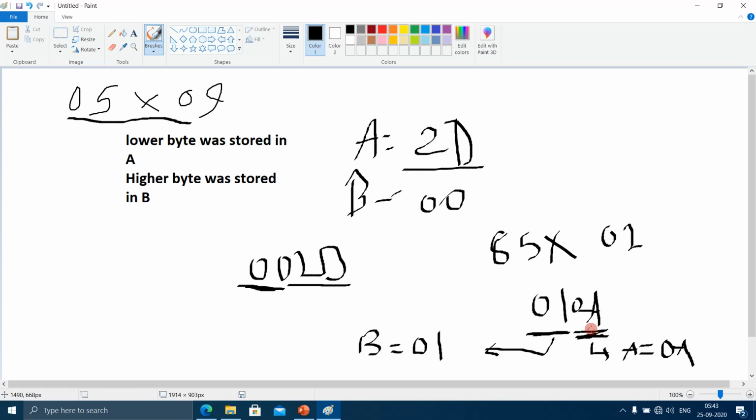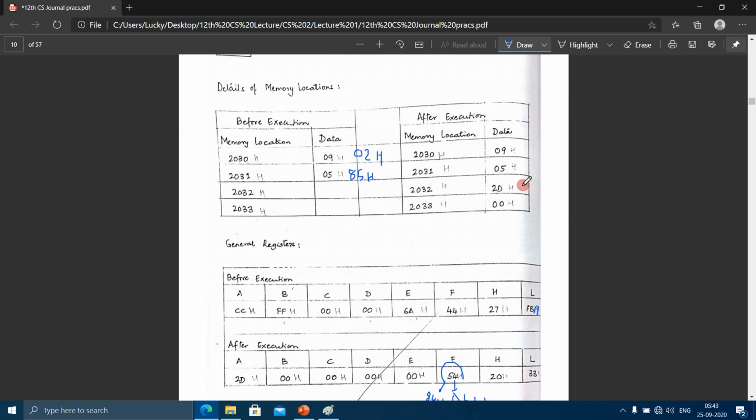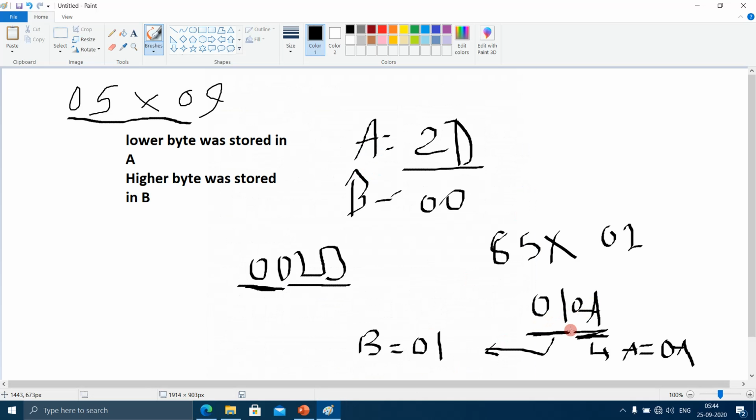So the lower order byte is 0A. So at location 2032, 0A should be stored. And at location 2033, which is consecutive soon after 2032, what will be there? Higher order byte, which is 01.